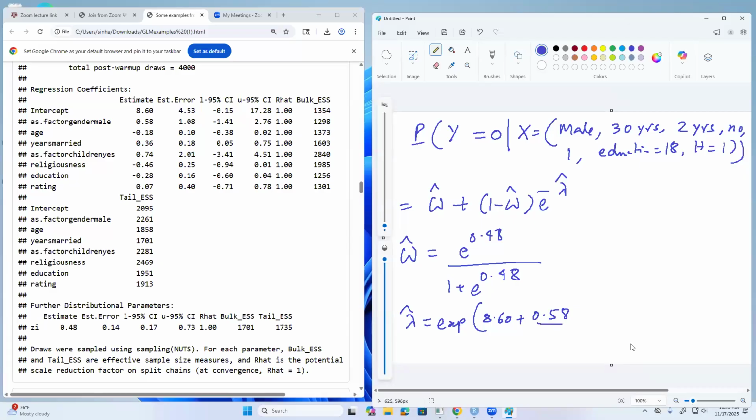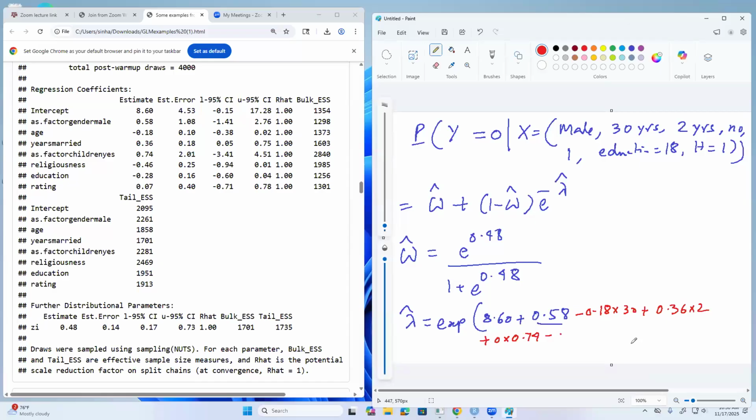Age minus 0.18 times 30, I said 30. And years married, 2 years. So it will be 0.36 times 2. And no children. So children, yes, means 0.74 and no means 0 times 0.74.